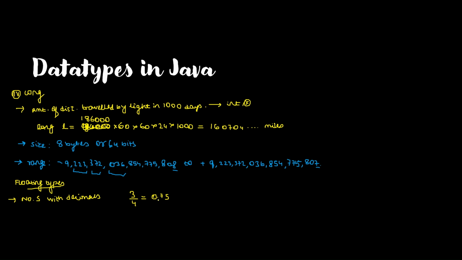So a number which has decimals with it cannot be stored in an integer type. It has to be stored in a floating point type. So this is where you would store it. We discussed two data types, which is float and double. This is exactly where you would be storing the floating types.